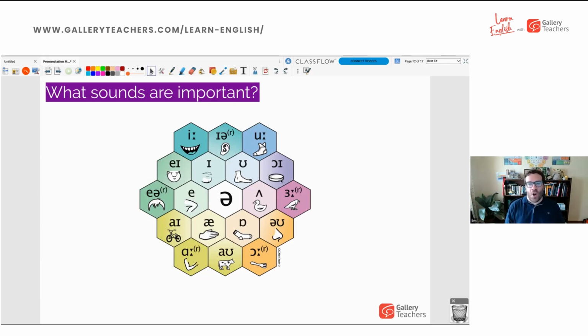So getting the correct sound and getting it exactly right isn't important. What is important is the difference between the long vowels here and the short vowels here. We can jump between them to see the difference.